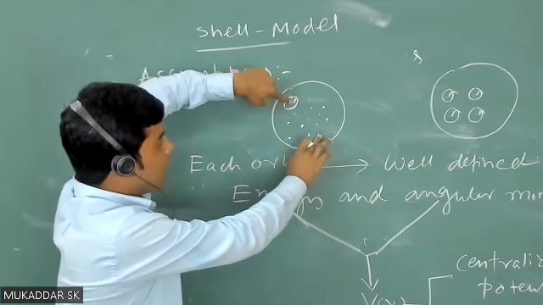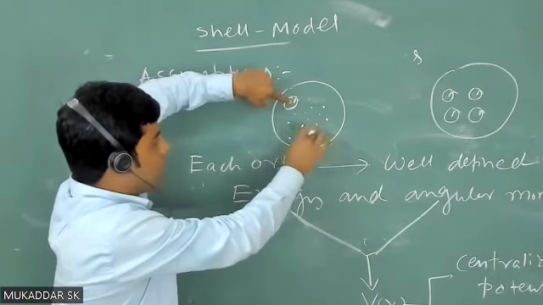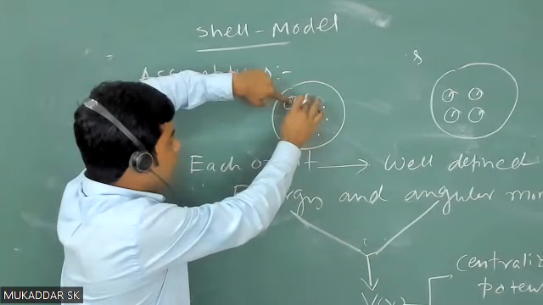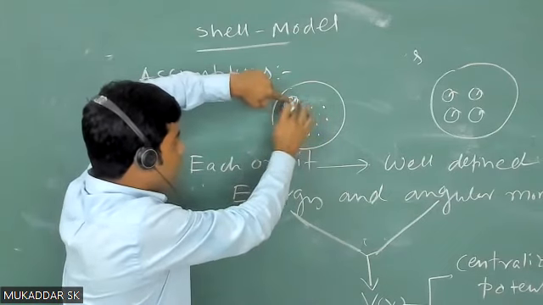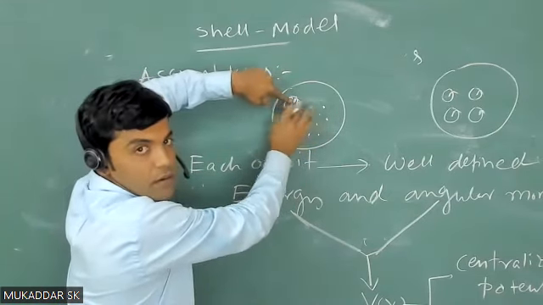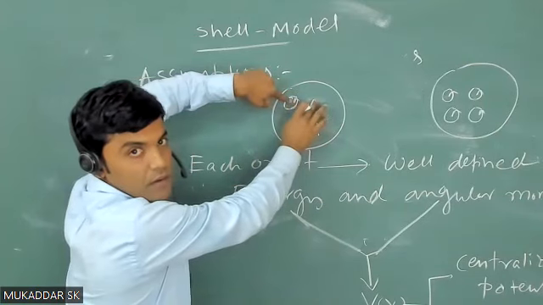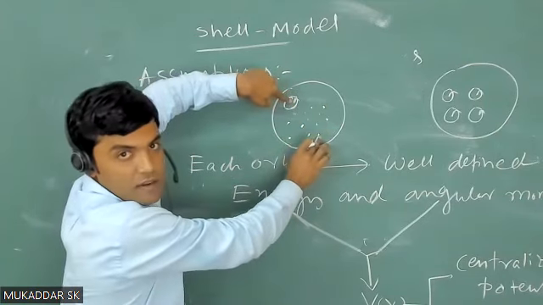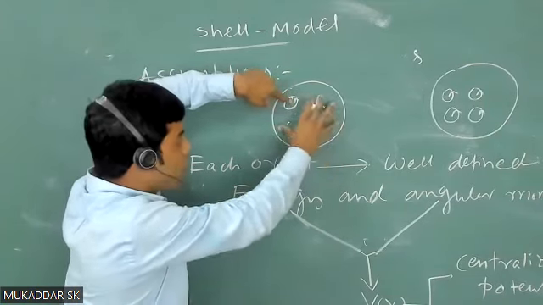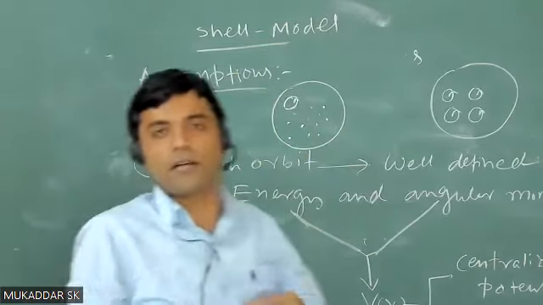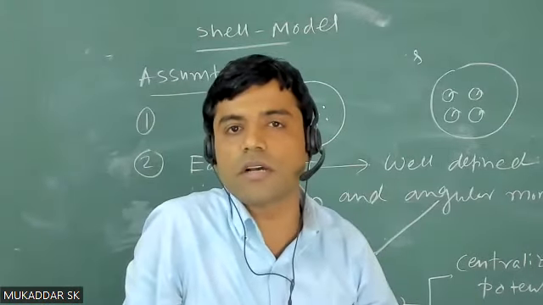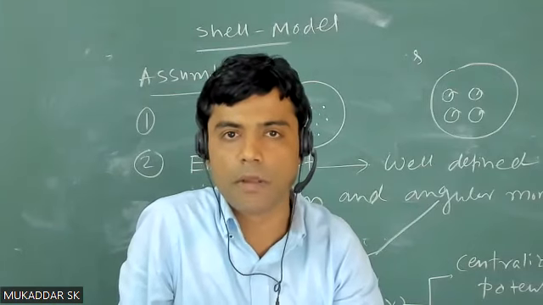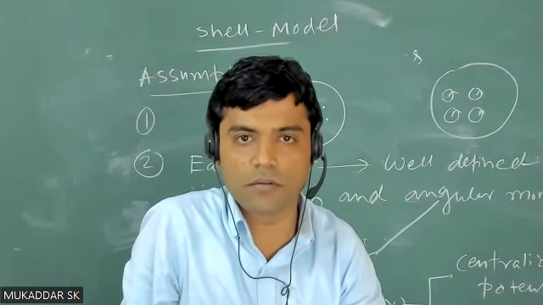Nuclear force is only non-zero for neighbors. For neighbors it is affecting, but for large distance it will not affect. So this is not actually nuclear force. Nuclear force is actually a non-central force.